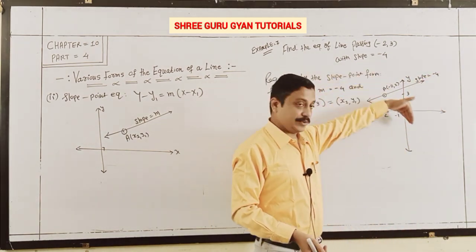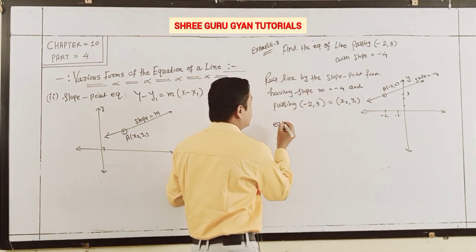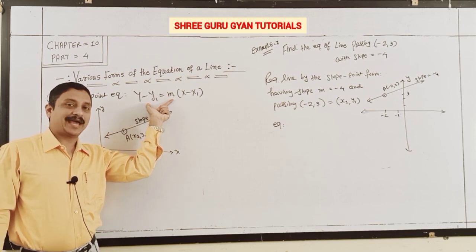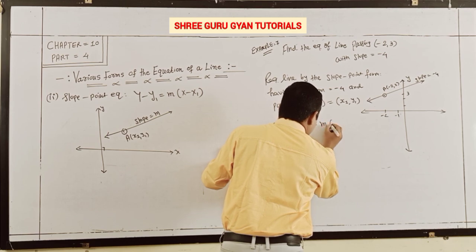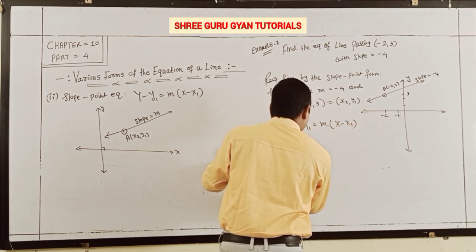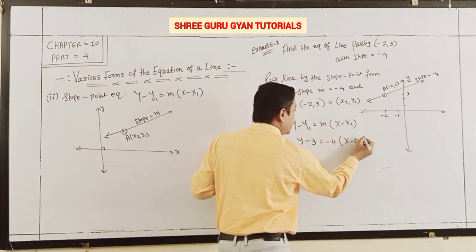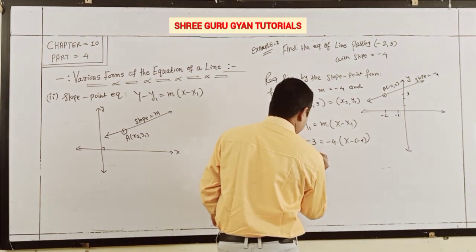Now my equation is y minus y1 is equal to m times (x minus x1). Here y1 is 3, the slope is minus 4, and x1 is minus 2.